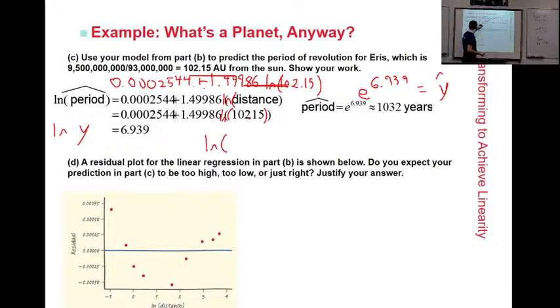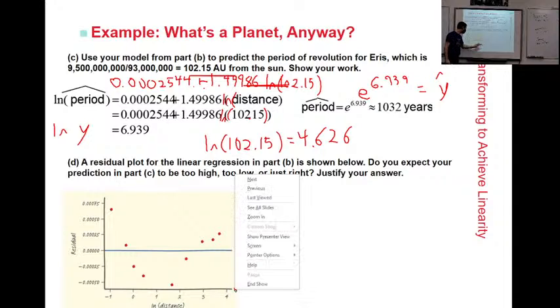Natural log of 102.15 is, this is what we need for part B, 4.626. Okay? So that's about over here.